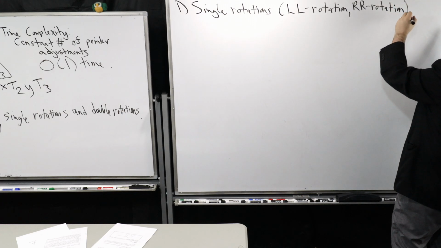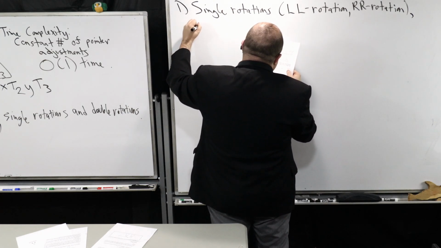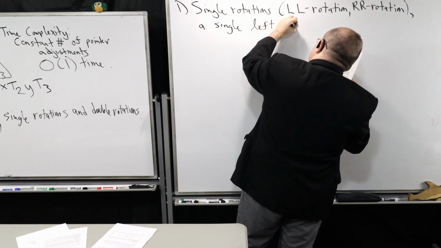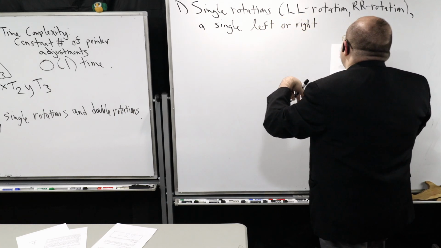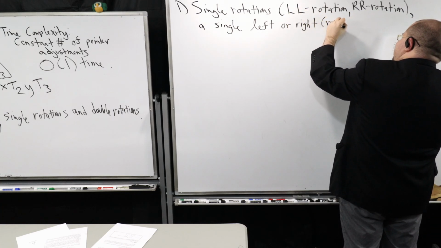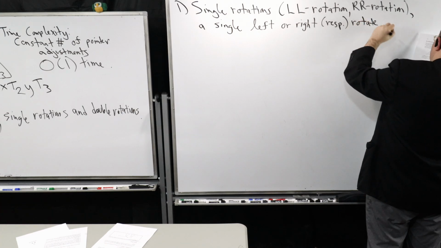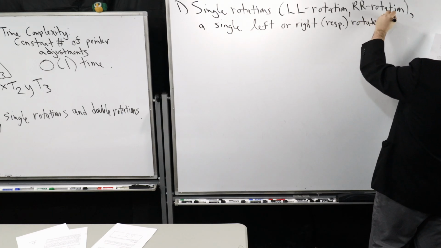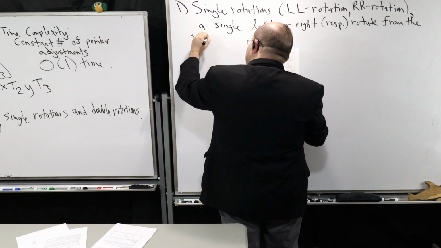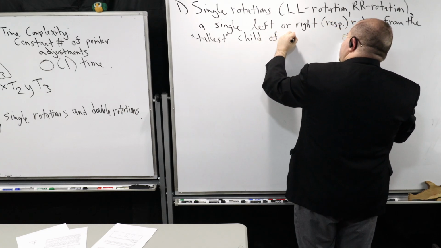What are they? They're just going to be a single left or right rotate, respectively, from the tallest child of an imbalanced node.